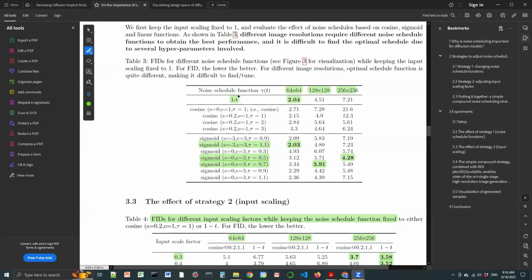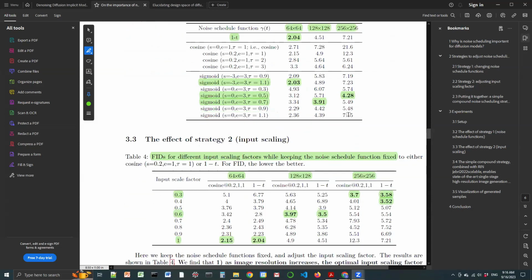For 64 by 64 and a noise scheduling function of 1 minus t, you get the best result when you use this scheduler. But if you use this sigmoid scheduling with these parameters for 64 by 64, you get 2.03. But for 256 by 256, again, the parameters have to be played with. For 128 by 128, it's a different set of parameters. So you can see that there's no single scheduler that gives you the best result independent of size. It depends on the size what kind of results you get.